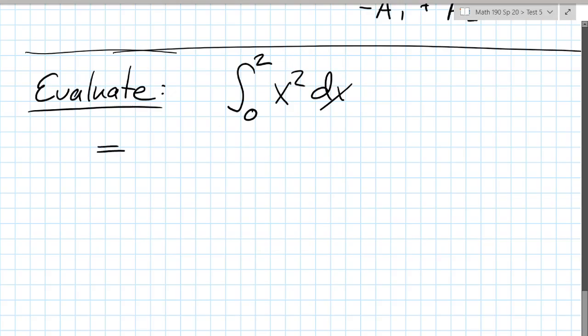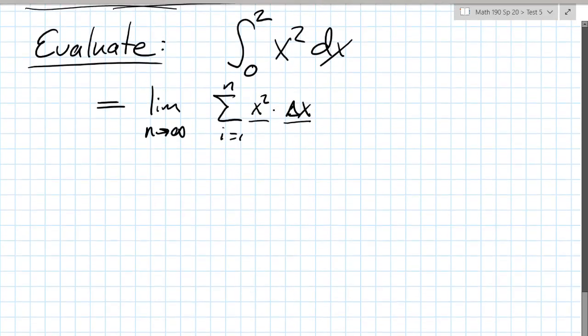So that is equal to the limit as n approaches infinity of the sum from i equals 1 to n of f(x sub i) times delta x. So we're adding up the base times the height. So we need to know what delta x is.